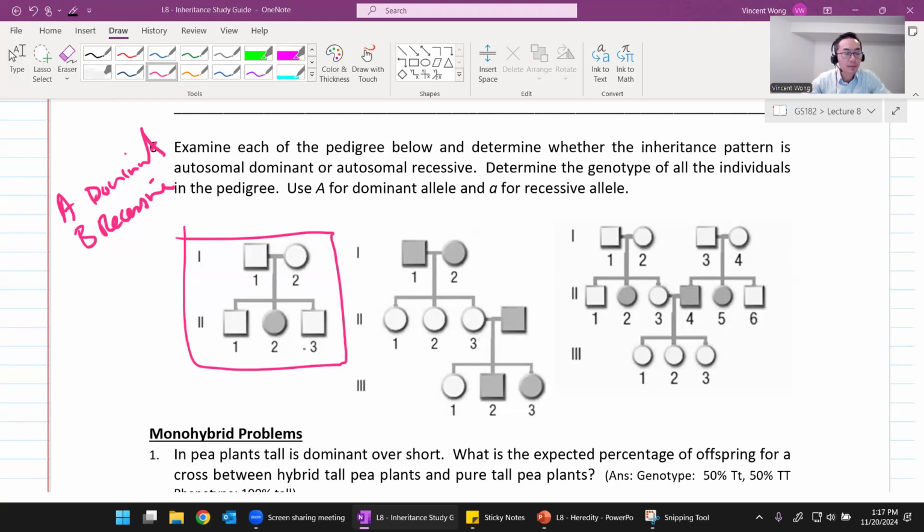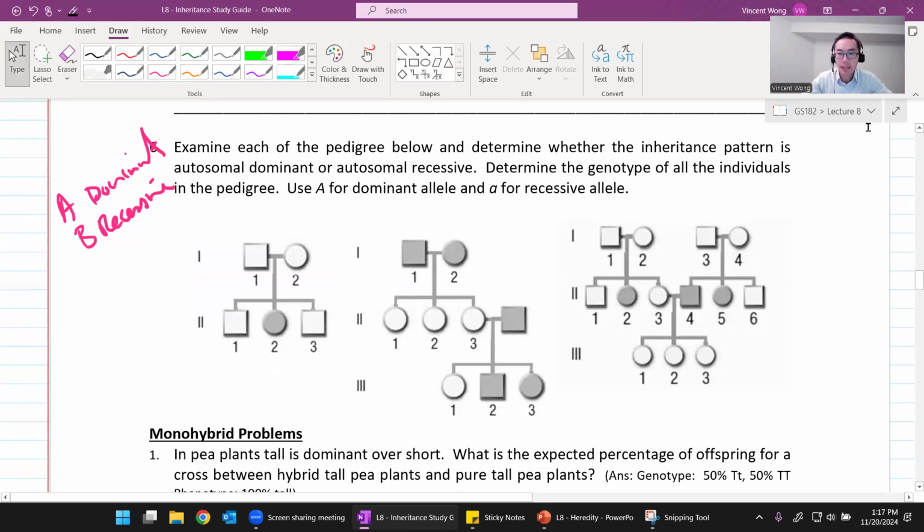All right, we have a 50-50. Half of you who participated said it is recessive. The other half says it is dominant.